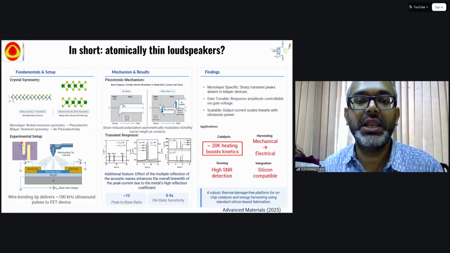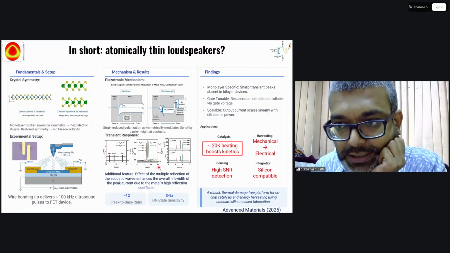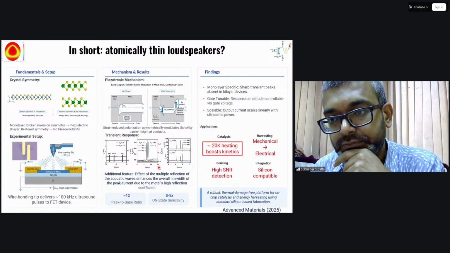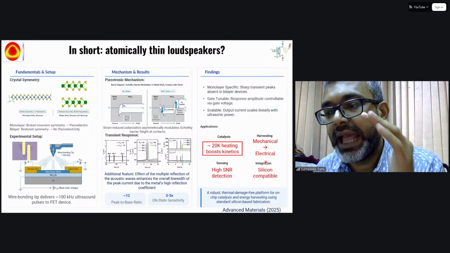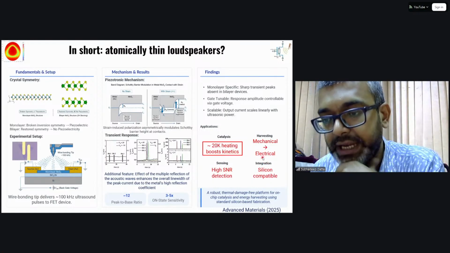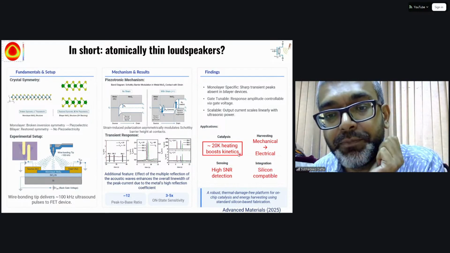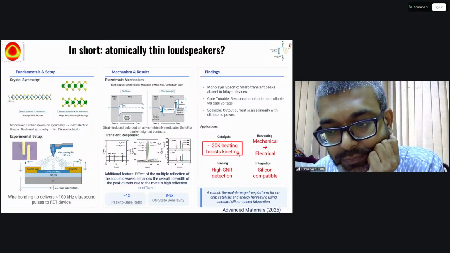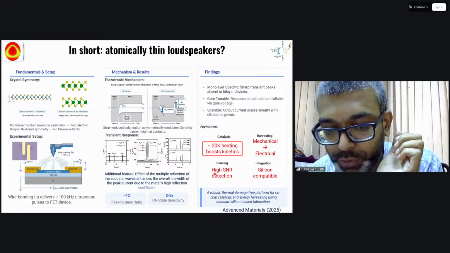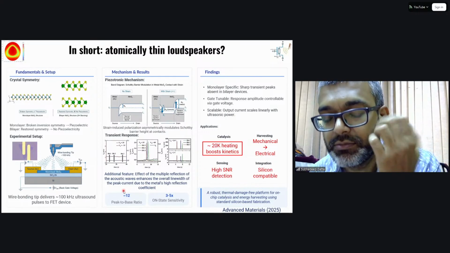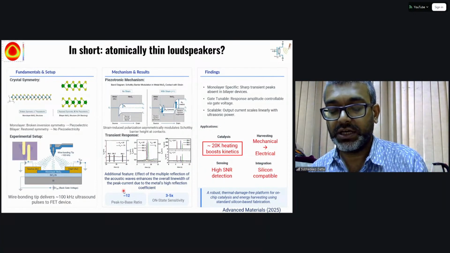The piezotronic mechanism can be understood from the Schottky effect, and this is a probe which will do mechanical to electrical energy harvesting, and then we have calculated the heating process due to this piezo current. This effect has a very high signal to noise ratio, because you can see the peak to base ratio is more than 10, and it's silicon surface compatible.